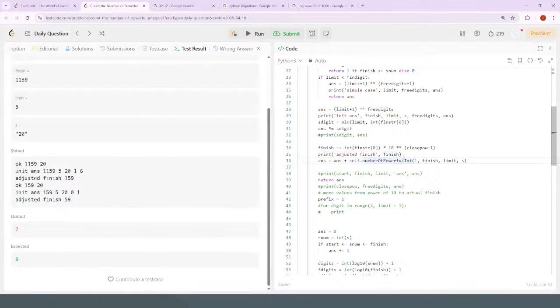Answer plus the adjusted finish. So we subtract that out. 159.20.